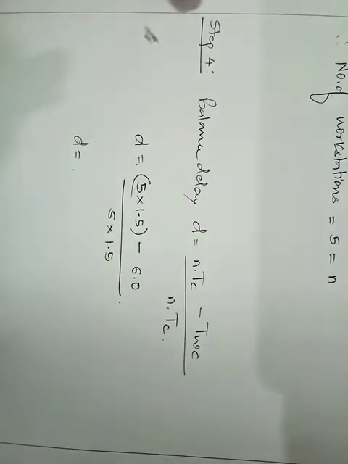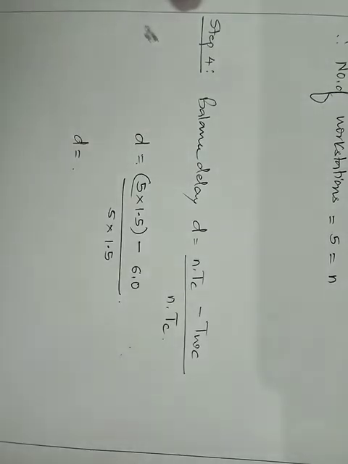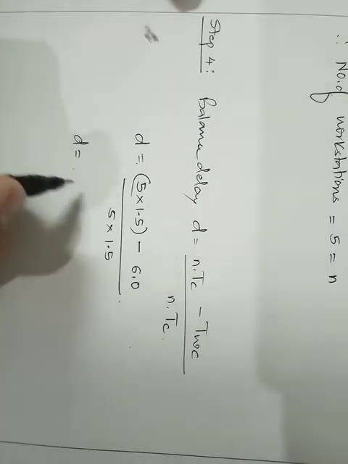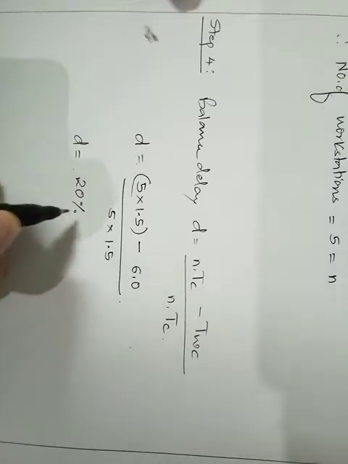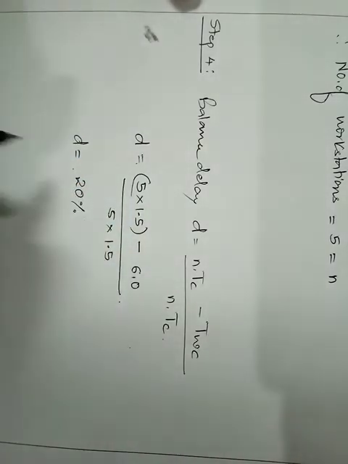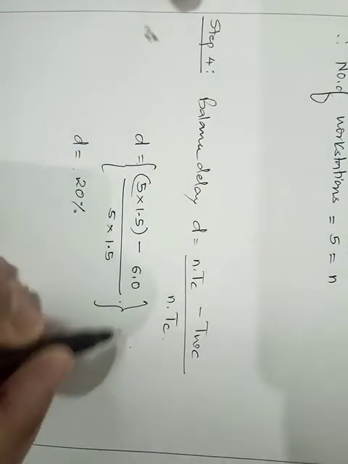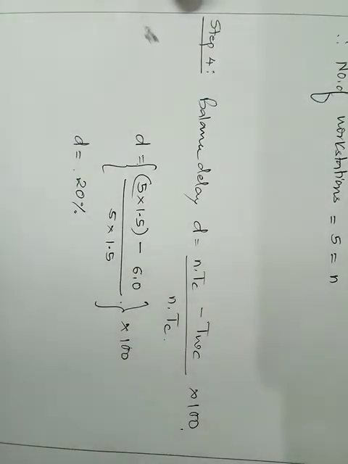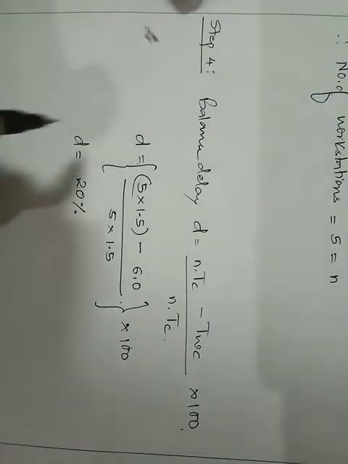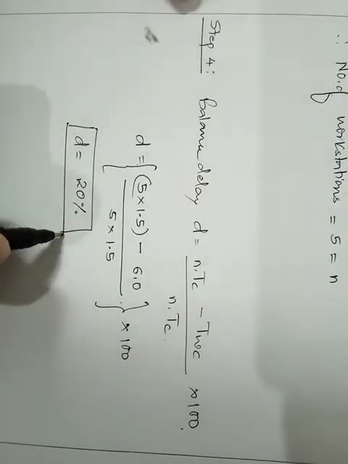So you are having 7.5 minus 6, which is 1.5, divided by 7.5, so it is 20%. Whatever you get here, you can multiply by 100. So balance delay is 20%.